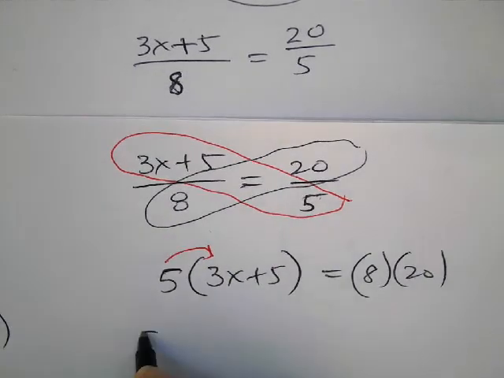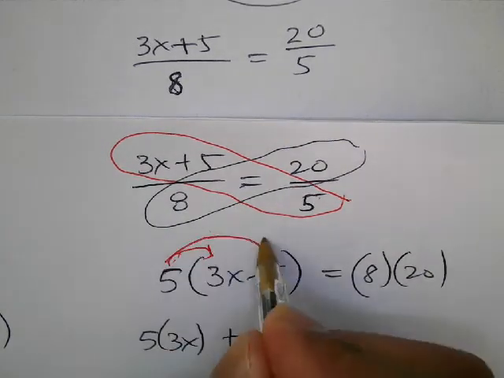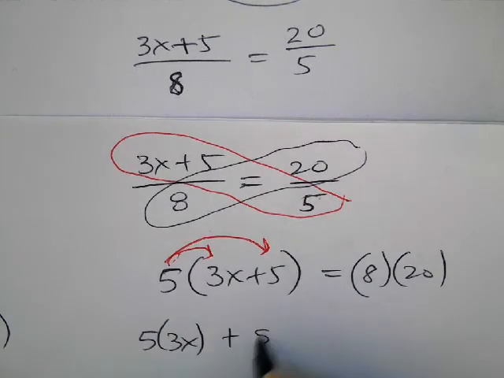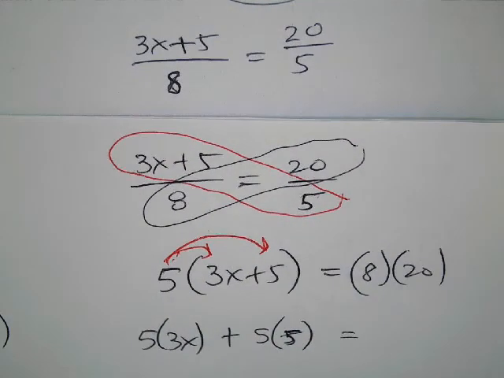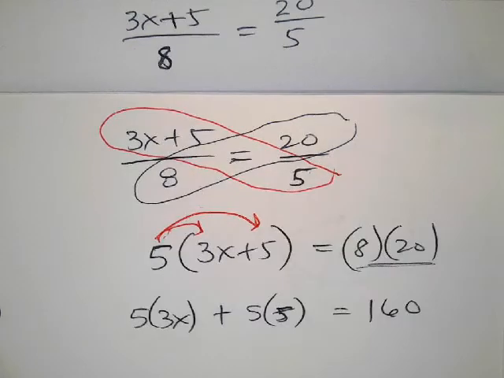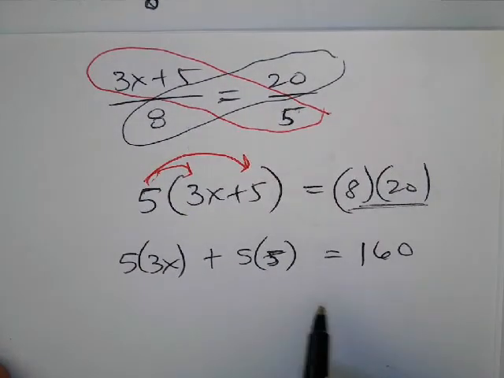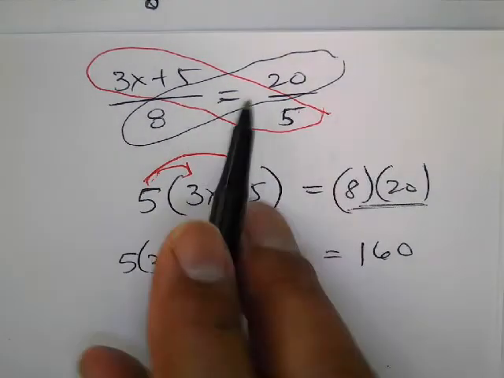Okay, then you have to solve this. You have to distribute, right? 5 times that is 5 times 3x plus, and then don't forget, 5 times the other one equals, well, 8 times 20 is 160. And the rest is the solving part.